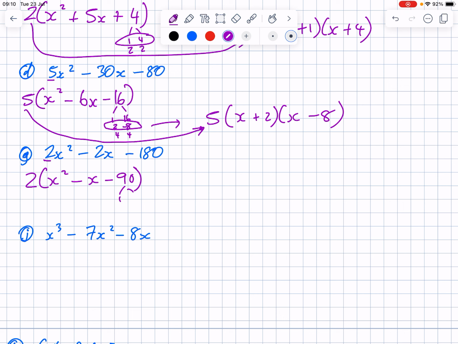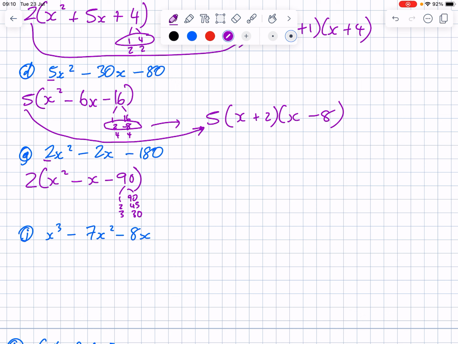Factors of 90: 1 and 90, 2 and 45, 3 and 30.